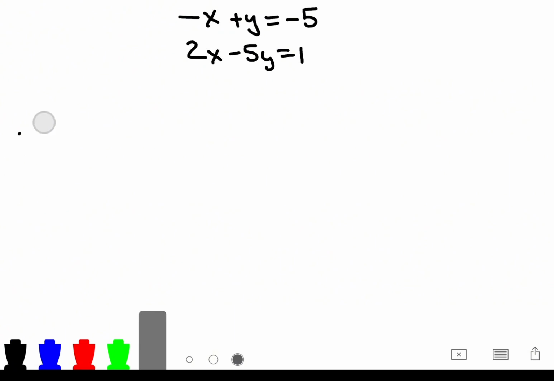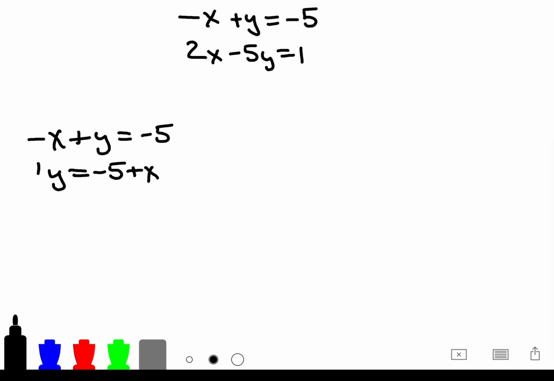With these two equations, I'm going to isolate one variable. I can pick one equation and isolate a variable in that equation. So I'm going to isolate y. I have the equation negative x plus y is equal to negative 5, and I'm going to isolate y to make it negative 5 plus x. So y equals negative 5 plus x.